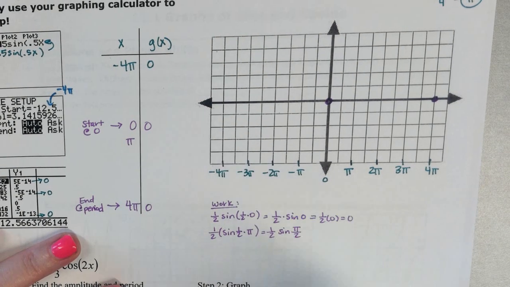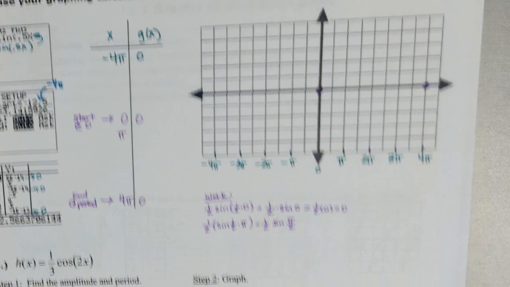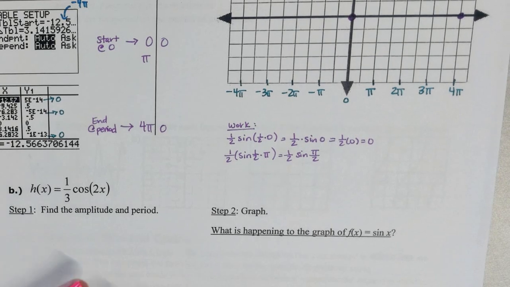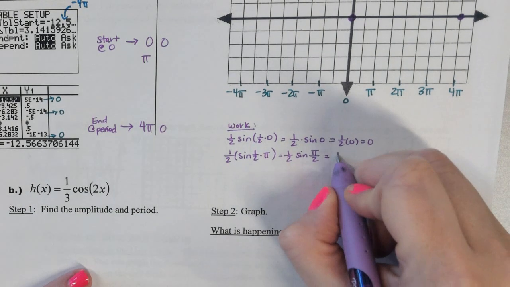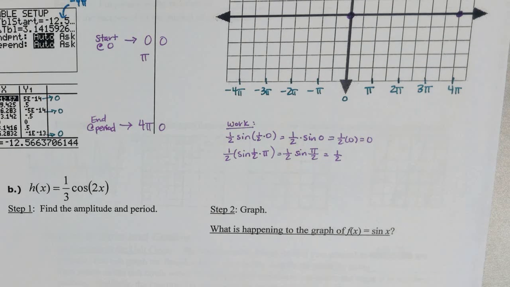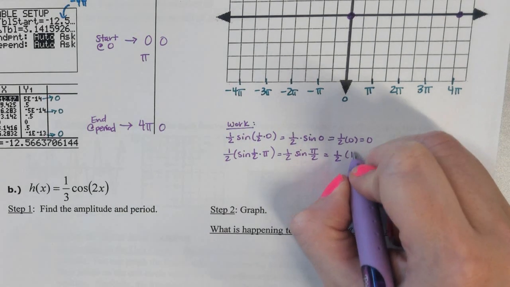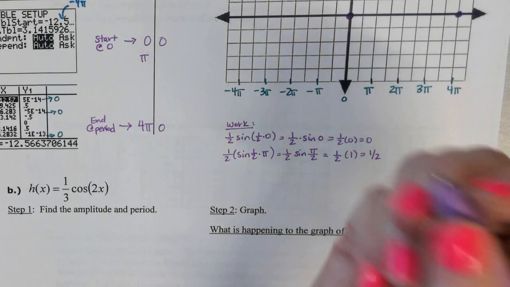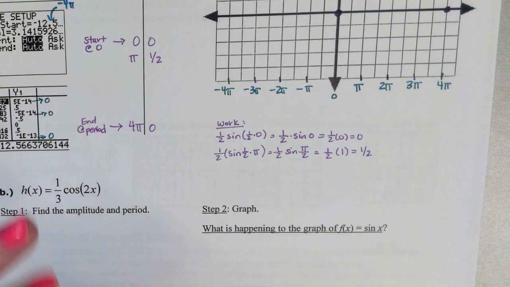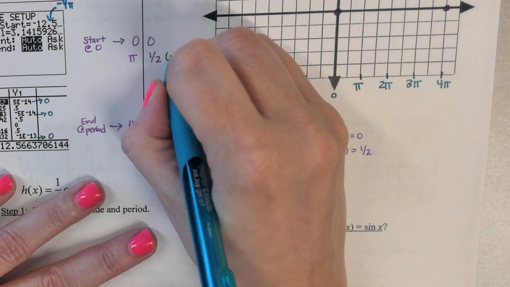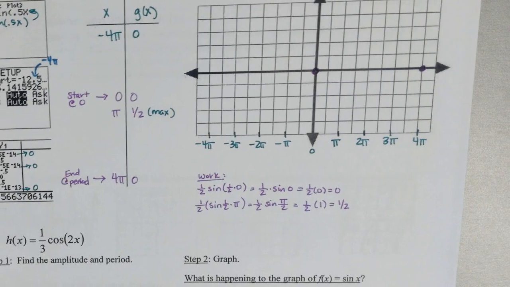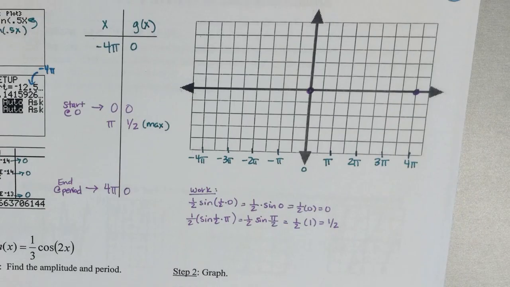Pi over 2, right? Pi over 2. What's the sine at pi over 2? That's at the top of the circle. Yep. So you have the 1/2 times 1 is 1/2. Remember, we just talked about 1/2 is going to be the new maximum, because that's your amplitude.